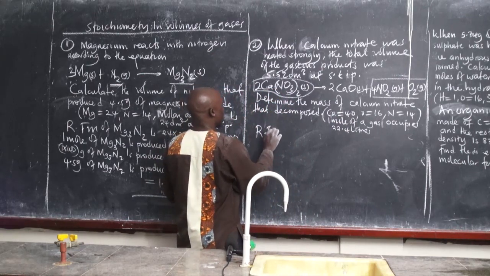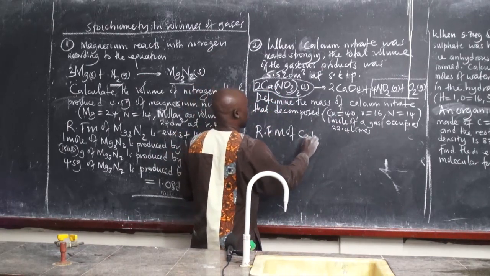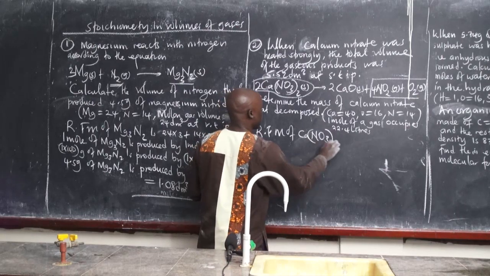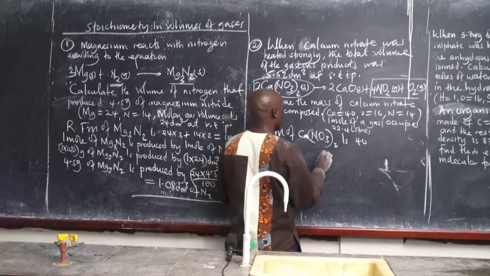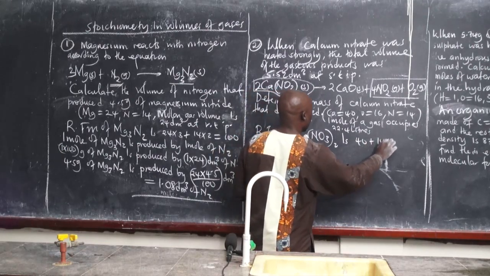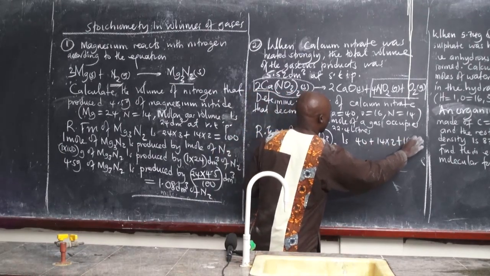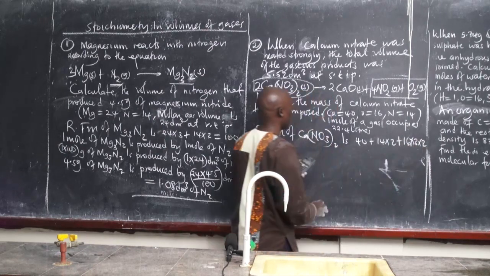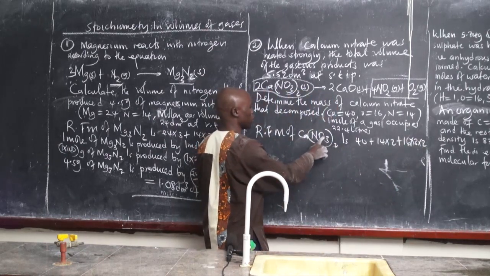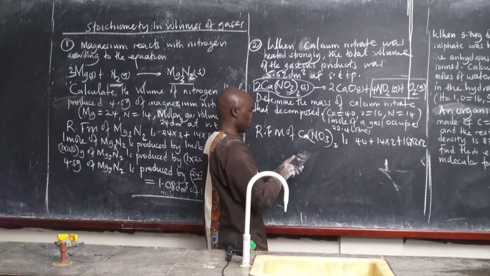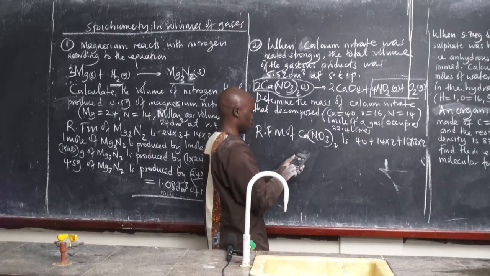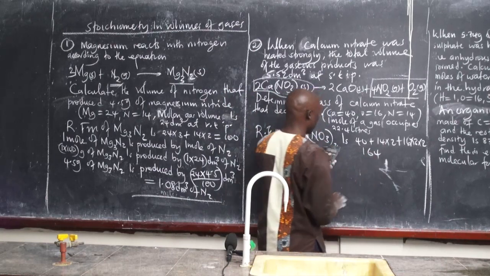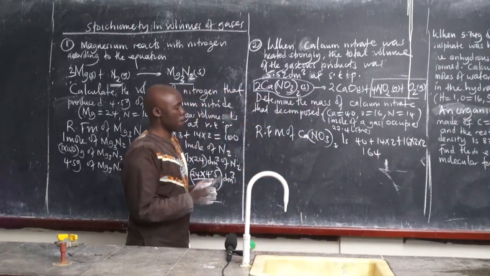So the RFM of calcium nitrate is 40 plus 14 times 2, plus 16 times 3 times 2. That gives 164.